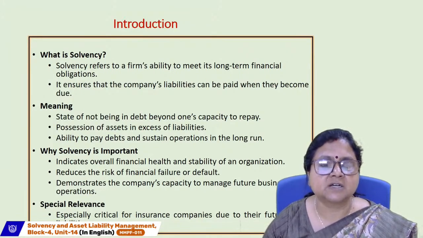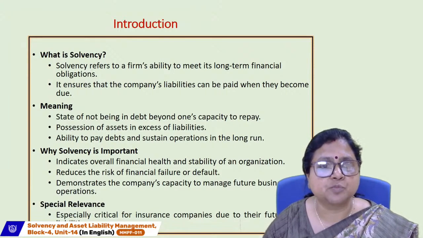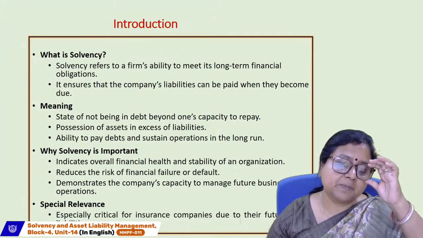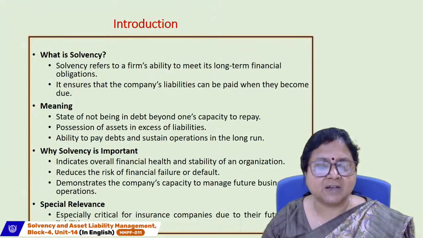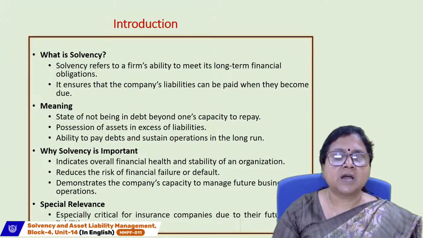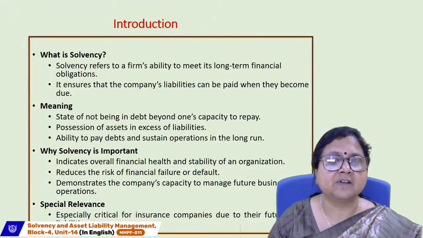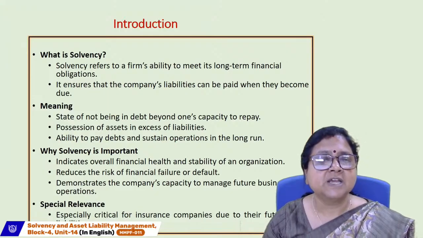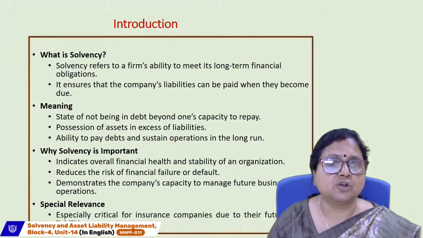So after 10 years, the company is liable to pay the principal amount that it has borrowed from the debenture holders. That means the company should plan adequately for the amount of liquidity, the amount of money which should be available with the organization so that it can meet all these long term mandatory financial obligations.